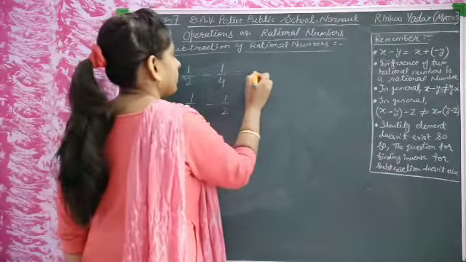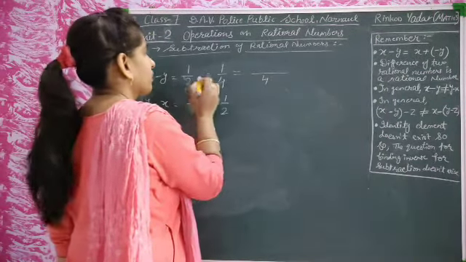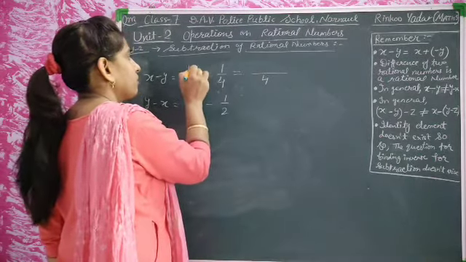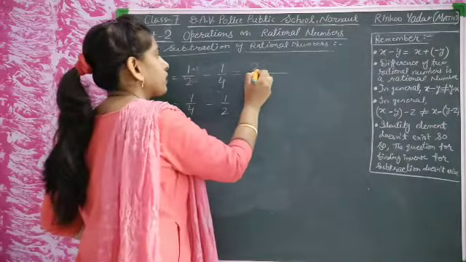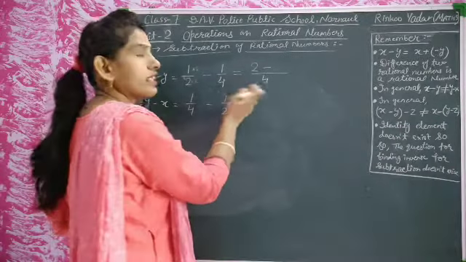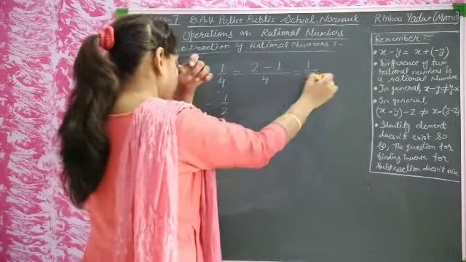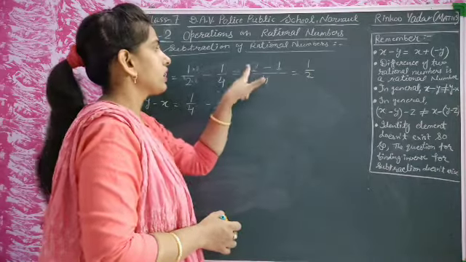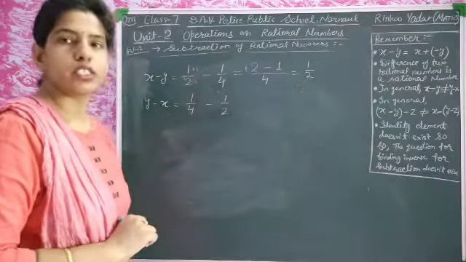Check it. The LCM is 4, and 2 multiplied by 2 becomes 4, so we multiply the numerator also by 2. So it becomes 1 into 2 equals 2, minus 1 over 4, denominator is the same. Different signs, so the difference is 1, and the greater number has a positive sign, so the answer is 1 by 4.